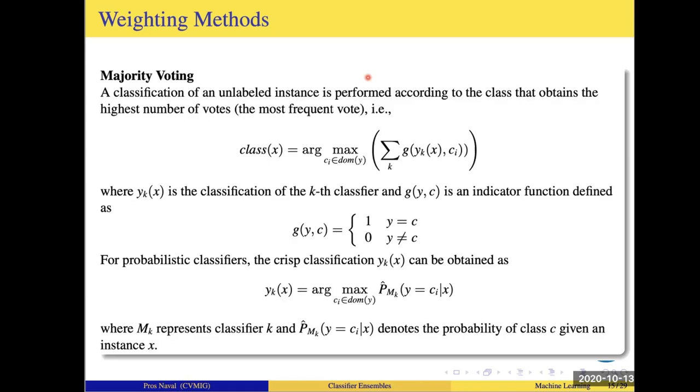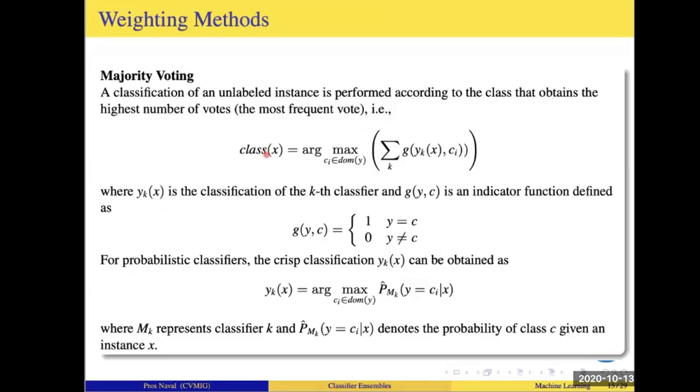So it's just 0 or 1, vote, yes or no, and you simply count the number of votes. So anything that's above 50%, that's the winner, okay? Simple majority. Of course you have to write it down mathematically, but that's the idea.